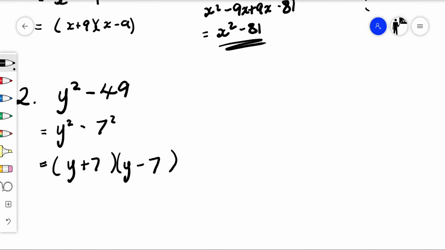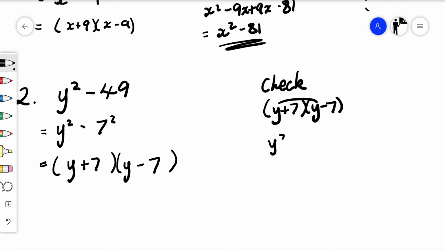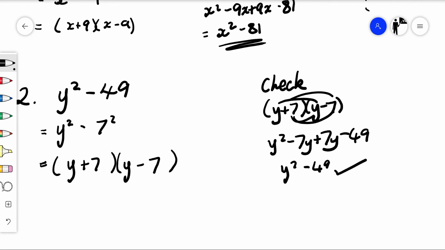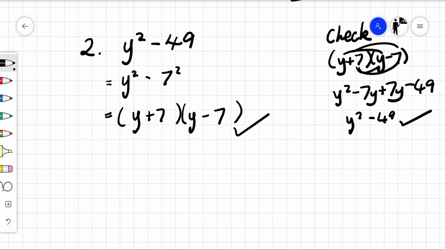The only way that I know for a fact that I'm right is if I do this check. You should be able to self-mark your own work if you always do this check. What's that going to be? y squared minus 7y plus 7y, well that's going to be 0, minus 49. So y squared minus 49. So I know that this is correct.